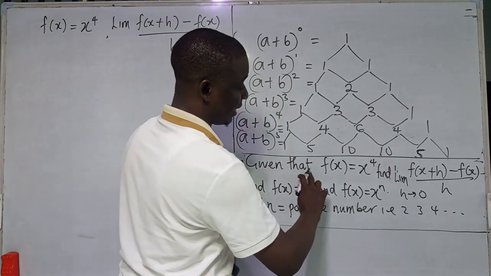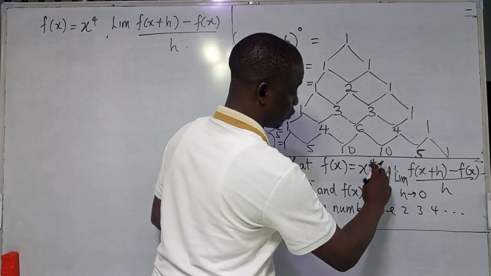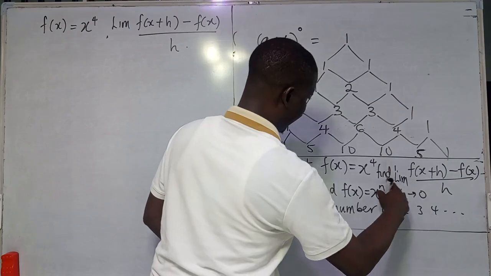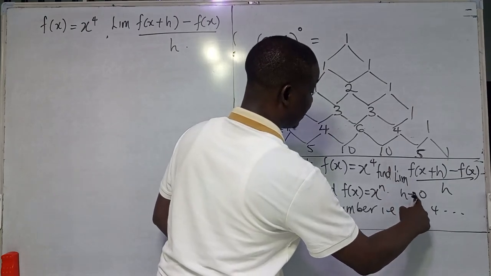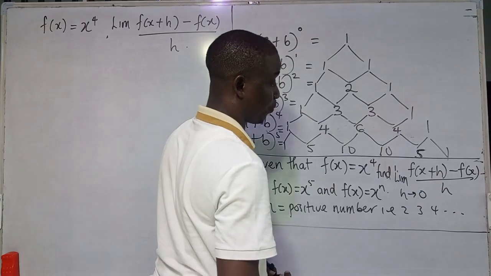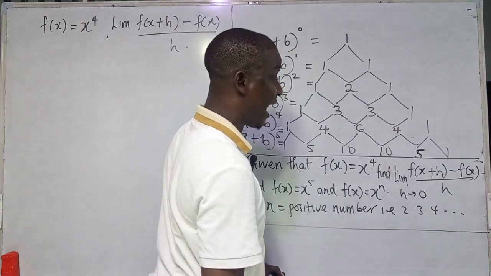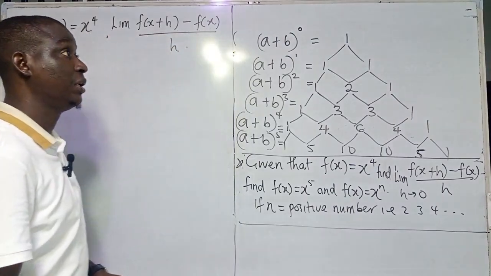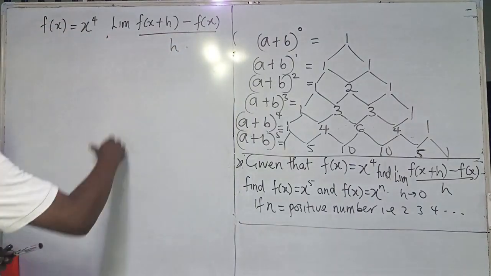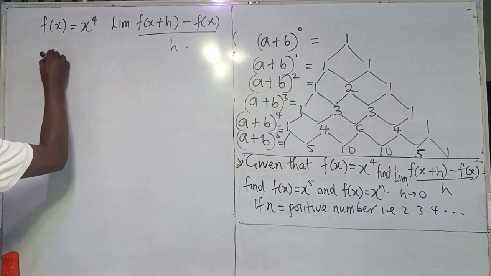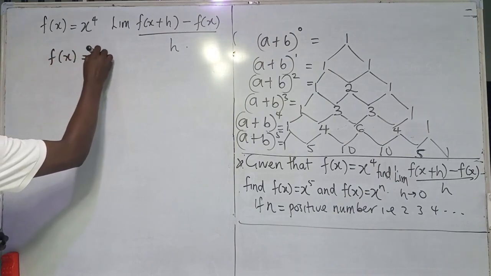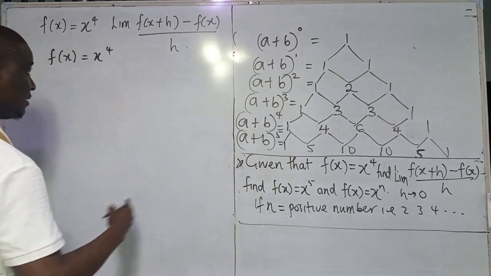This is given that f of x is equal to x raised to power 4. Find the limit as h tends to 0 of f of x plus h minus f of x divided by h. Now what we're going to do simply is this. Our f of x is already given as x to the power 4.